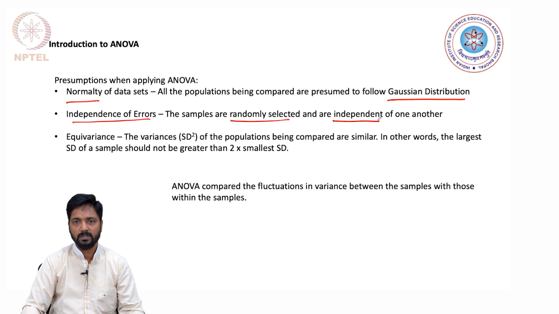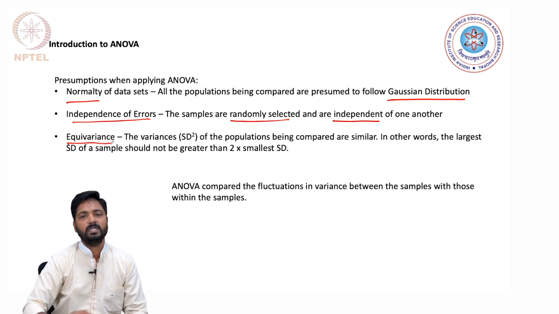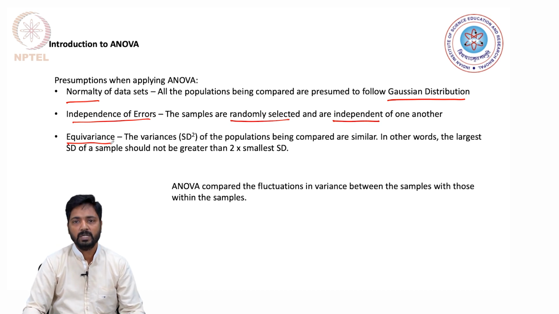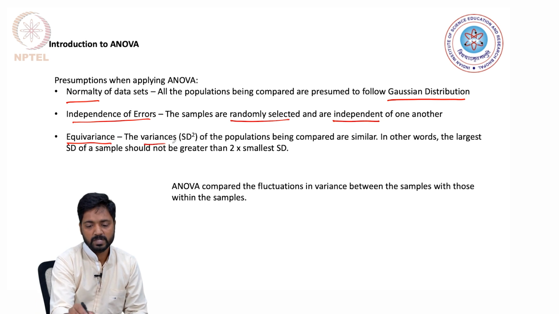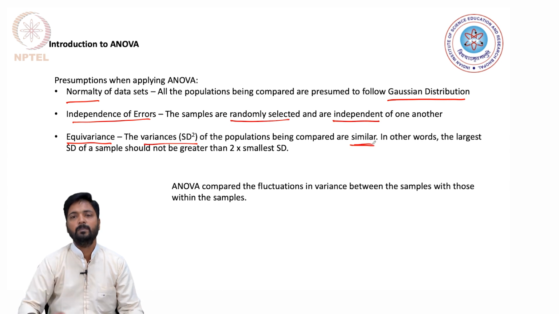Another very important concept which is presumed here is that of equivariance. So what is presumed before we perform analysis of variance is that the variances, which is the standard deviation squared, please note the square, so the variances of the populations being compared are presumed to be similar.